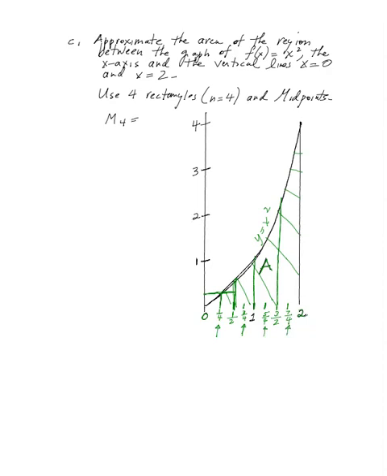F of 3/4: draw a vertical line through x equals 3/4. Where that line hits the graph is f of 3/4. Let that be the height of my second rectangle. Similarly with 5/4, and with 7/4.